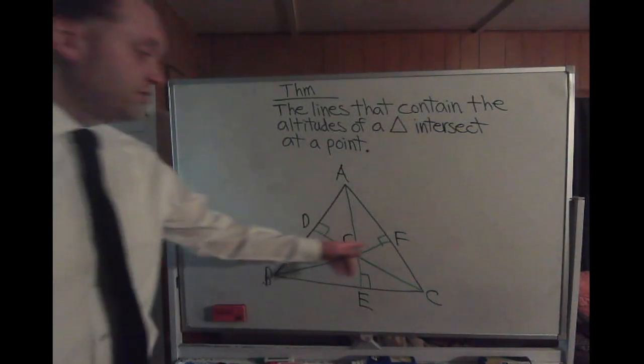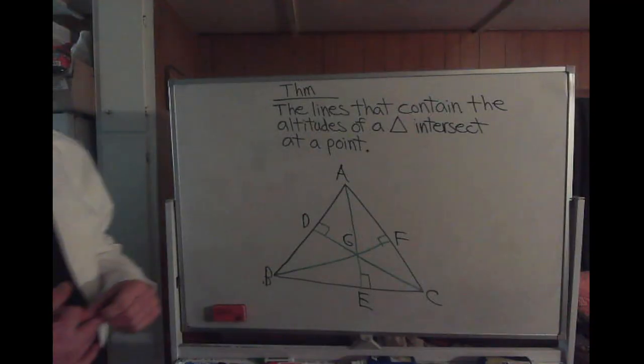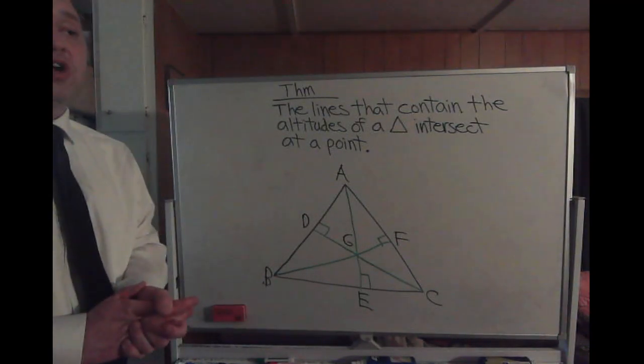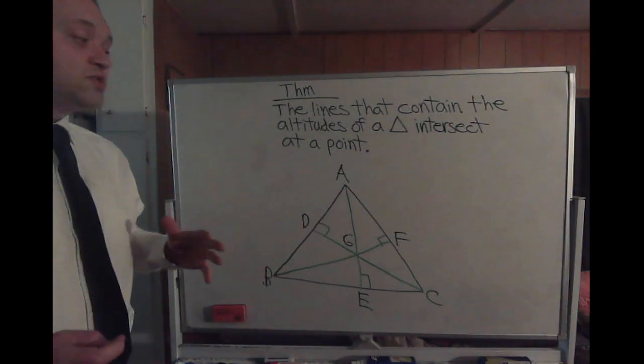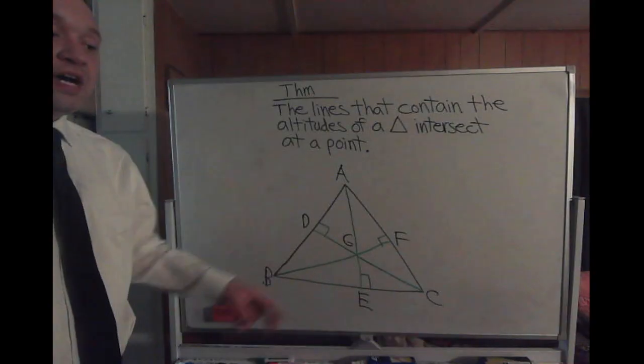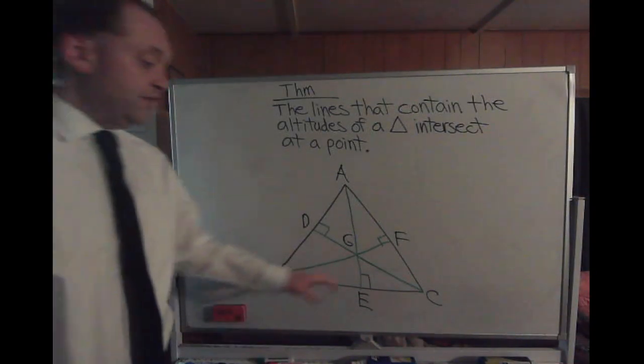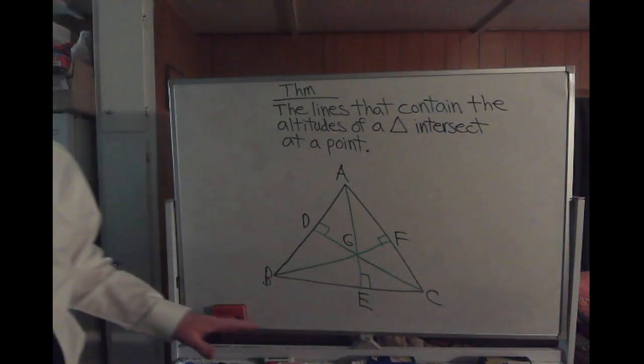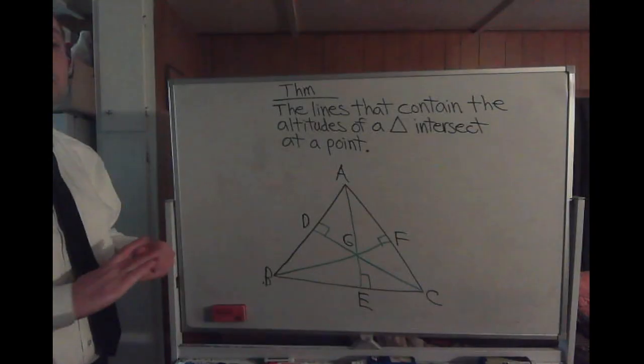Here we have the three altitudes. Well, first off, what are the altitudes of a triangle? The altitudes are drawn from a vertex to the opposite side, and they're perpendicular to the opposite side. They're always perpendicular to be the altitude.